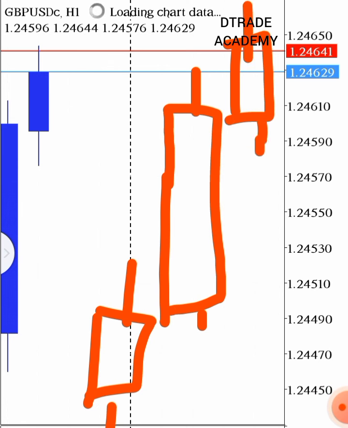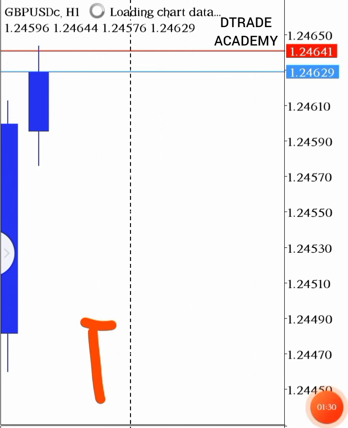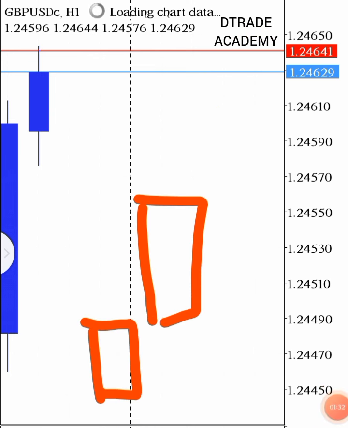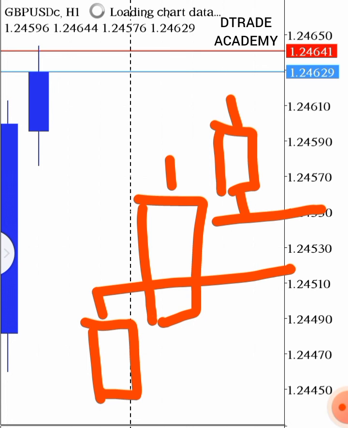This wick could not overlap this one. Had this wick been long like this, then there would be no imbalance. But for now, we have imbalance. This place is an imbalance, and it needs to be filled.